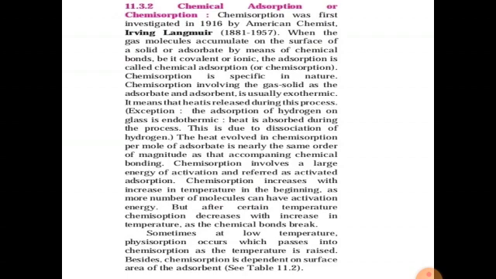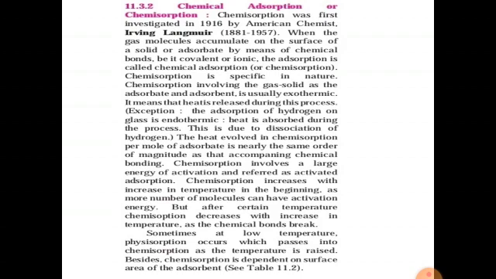So here chemical bond formation takes place, either covalent by sharing of electrons or ionic by transferring of electrons. Chemical adsorption is very specific in nature. It involves gas and solid as the adsorbate and adsorbent. It is usually an exothermic process, that is, heat is released during this process.